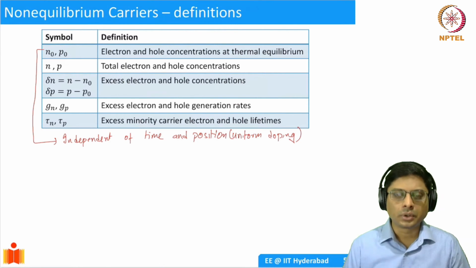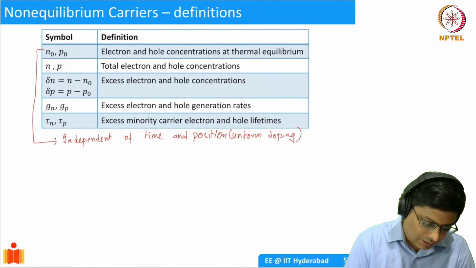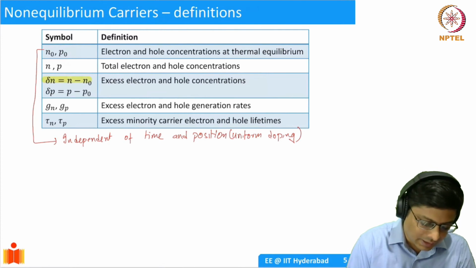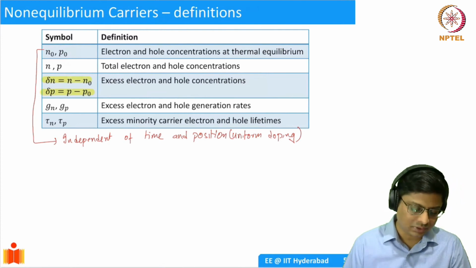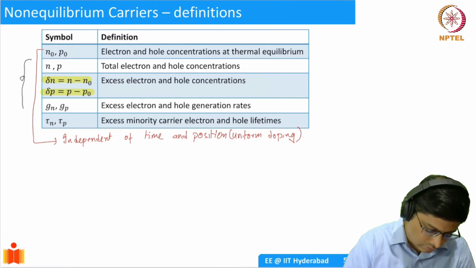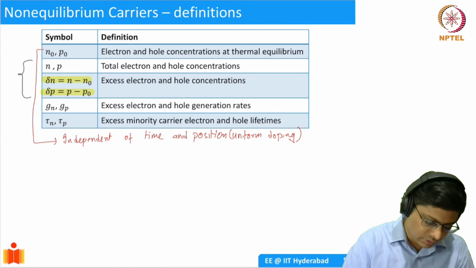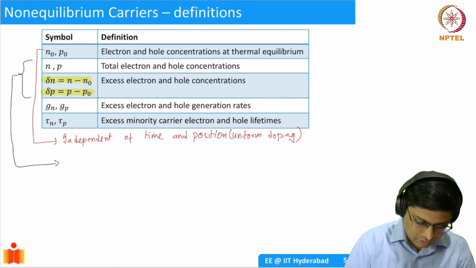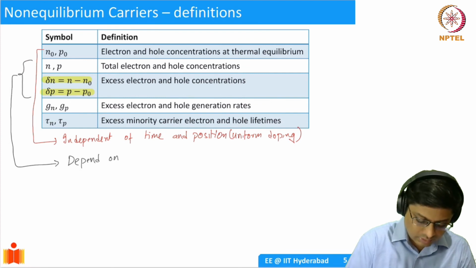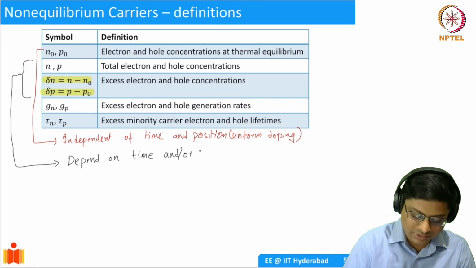All right. So now, from the total electron concentrations, I'll define the excess minority carrier concentrations as delta N and delta P, the change from the equilibrium concentrations. These quantities, N and P and delta N, delta P, depend on time and position, or one of them.